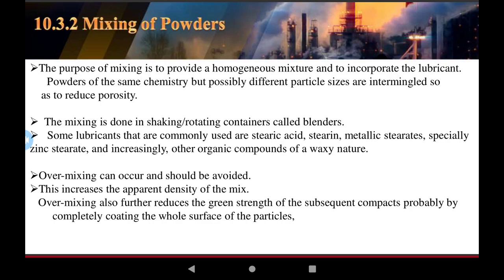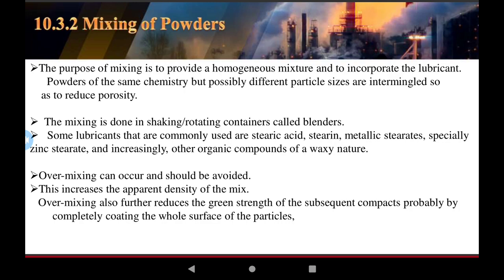The mixing of the powder: in this operation there is the addition of extra elements in mixing the powder. The purpose of the mixing is to provide a homogeneous mixture, incorporating lubricating powder, possibly with different particle sizes, so as to reduce the porosity.